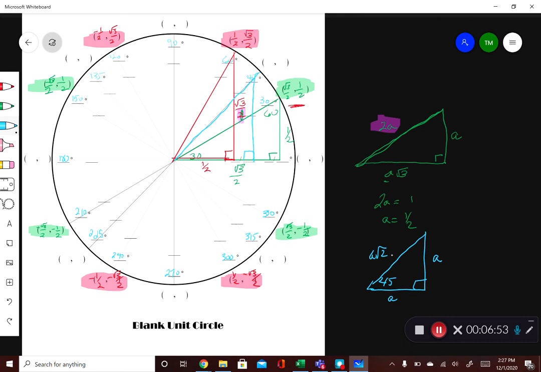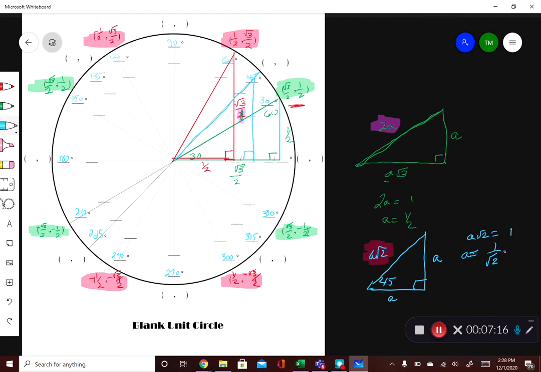So once again, we have this situation where the hypotenuse, which is 1, is related to the a square roots of 2, and we can find the value for a. So we have a square roots of 2 is equal to 1. So a is equal to 1 over the square root of 2.